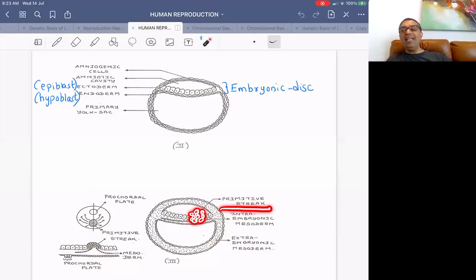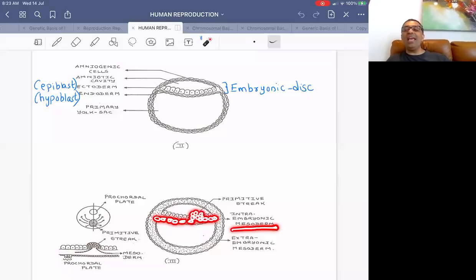And the small rounded cells of the primitive streak start passing between the ectoderm and the endoderm to form the mesoderm. Yes, and this mesoderm has come from the primitive streak.